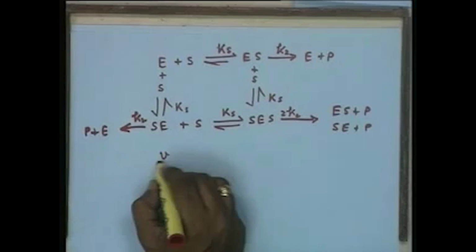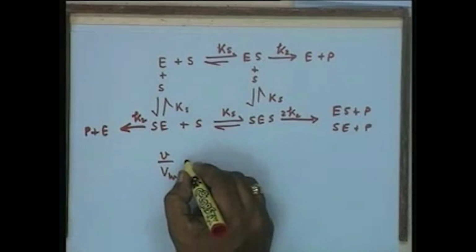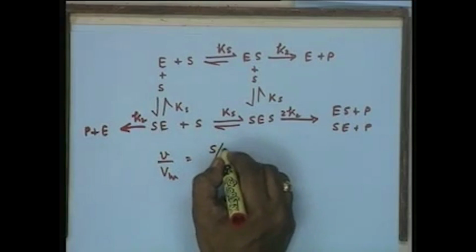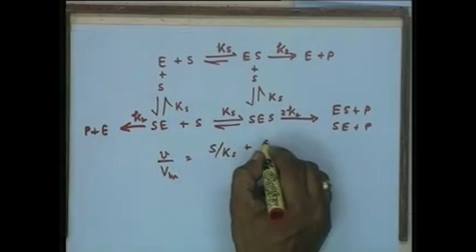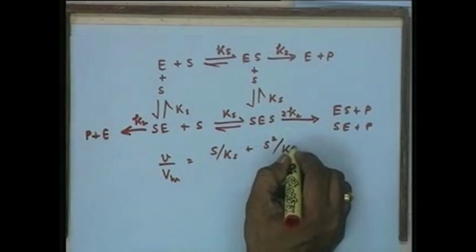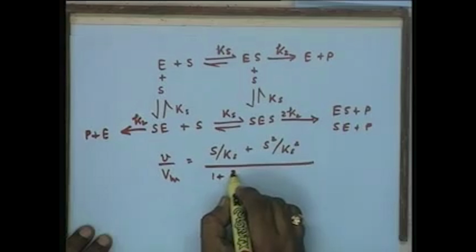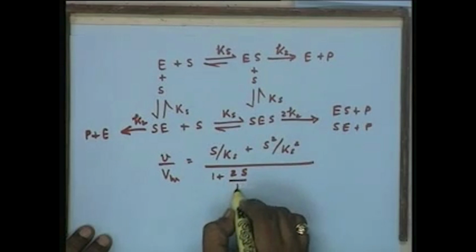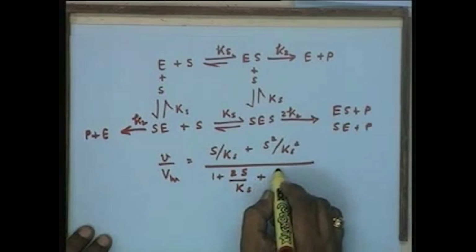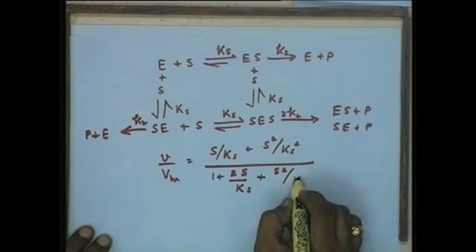Now just for such a simple case, the rate expression can be written as S upon Ks plus S square upon Ks square, whole divided by 1 plus 2S upon Ks plus S square upon Ks square.